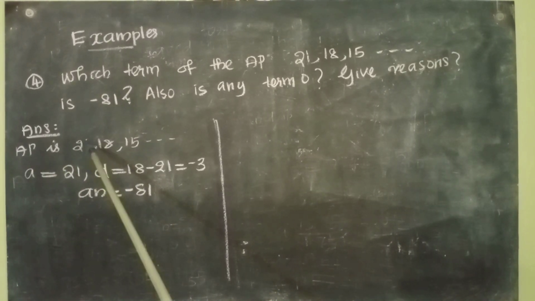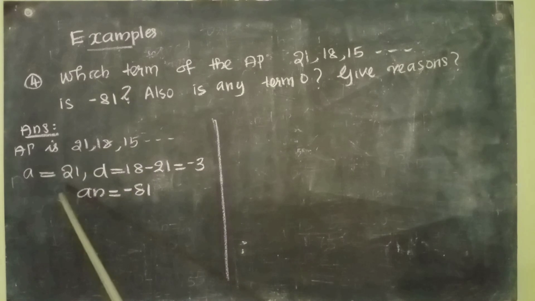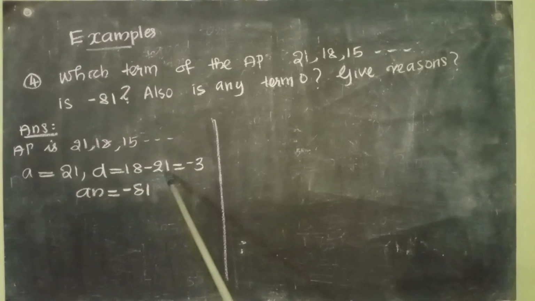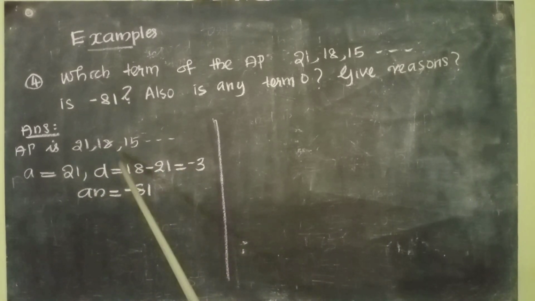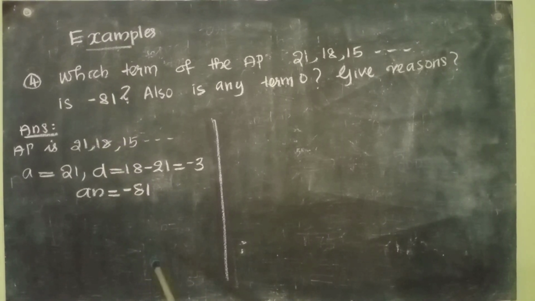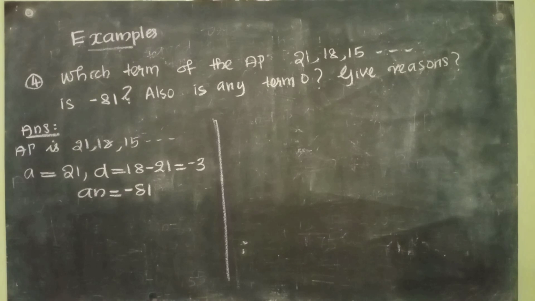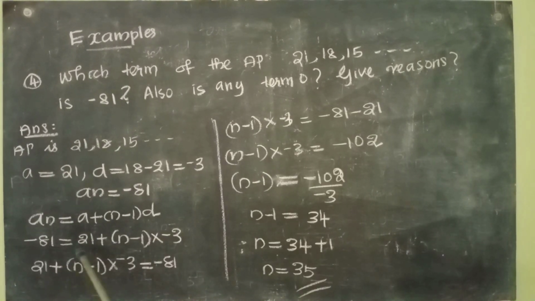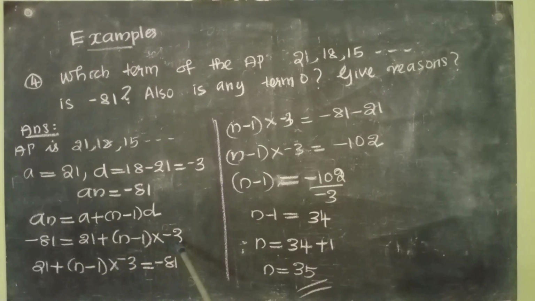The AP is 21, 18, 15, etc. a equal to 21. d equal to 18 minus 21 equal to minus 3. an equal to minus 81. We can use the formula an equal to a plus n minus 1 into d. Minus 81 equal to 21 plus n minus 1 into minus 3.